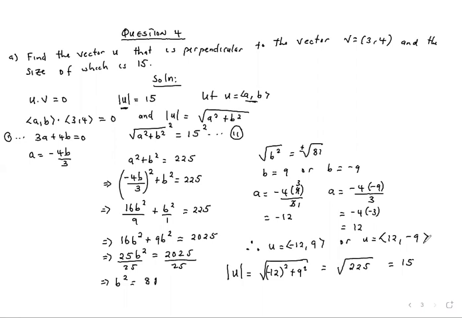Then we go to B of the same question. Prove that the triangle ABC is right angled, given that these are points: A is (16, 1, -2), B is (-9, 1, -2), C is (0, 1, 10).